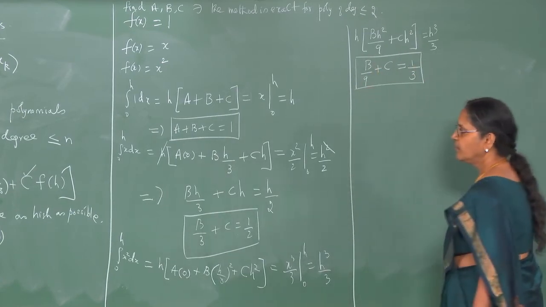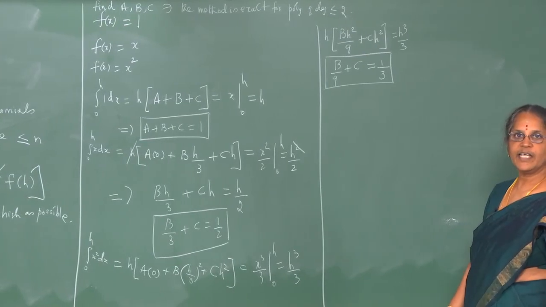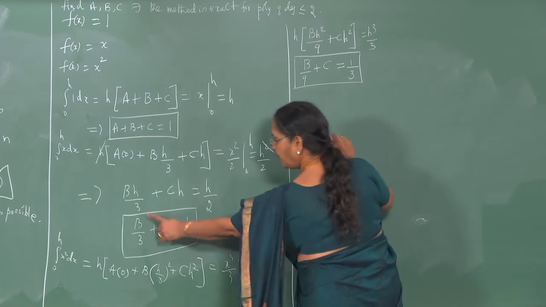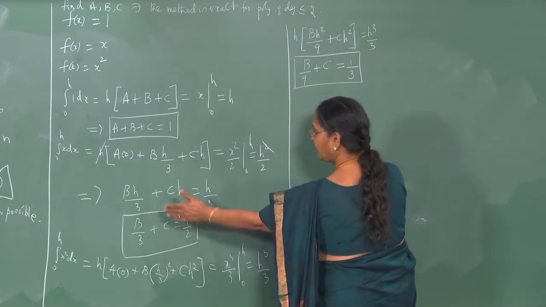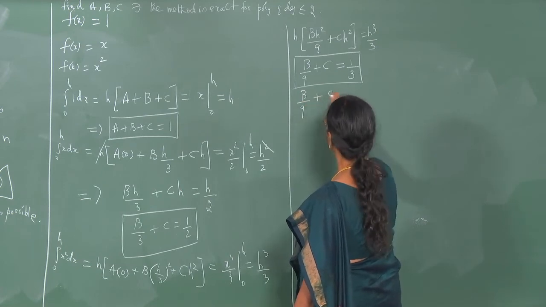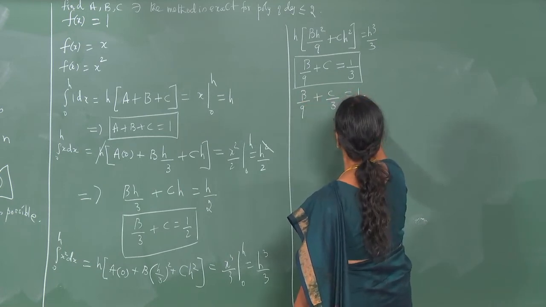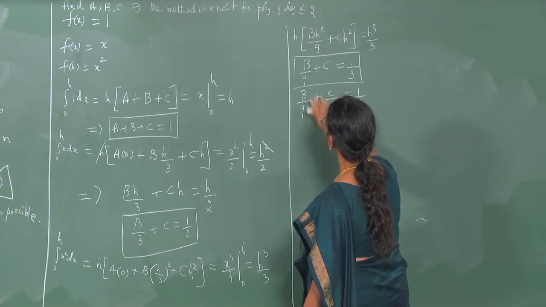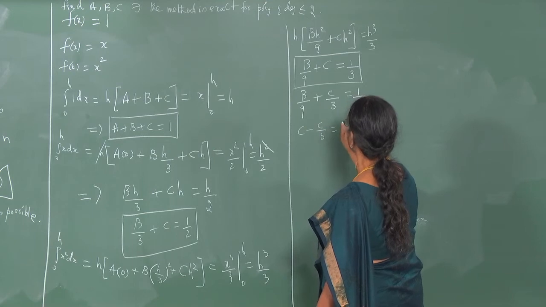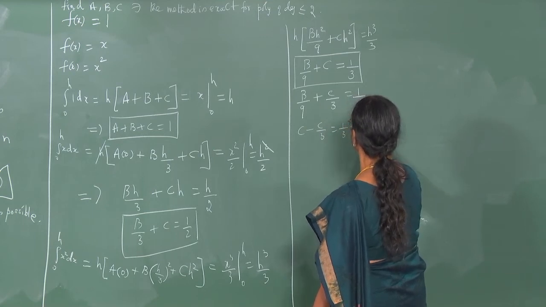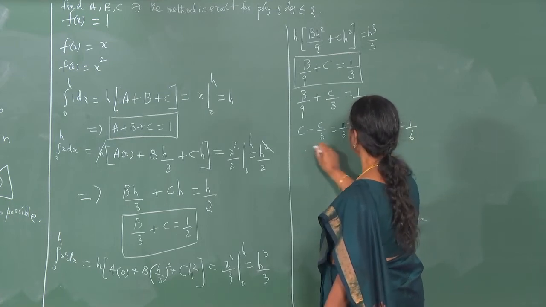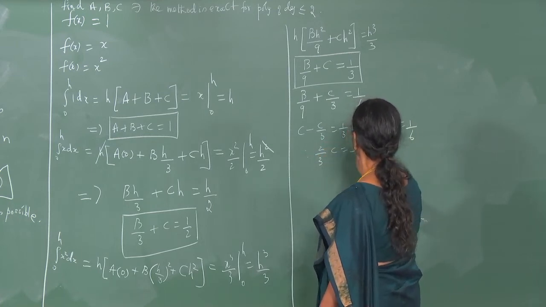So, we have 3 equations to determine the 3 unknowns a, b and c. So, we have b by 3 plus c is half. So, multiplying by 1 by 3, I get b by 9 plus c by 3 is 1 by 6. So, subtracting this from here, I get c minus c by 3 is 1 by 3 minus 1 by 6, which is 1 by 6. So, 2 by 3 c is 1 by 6.